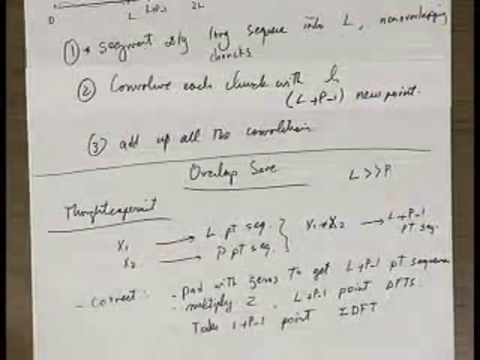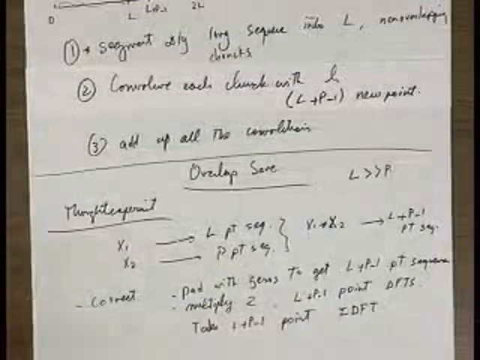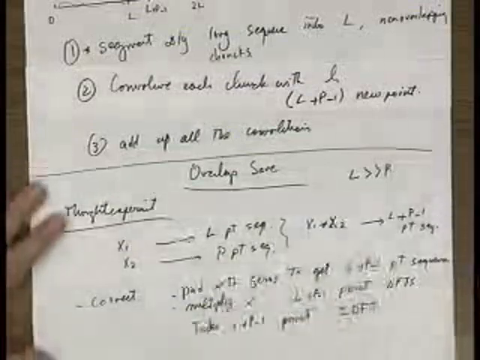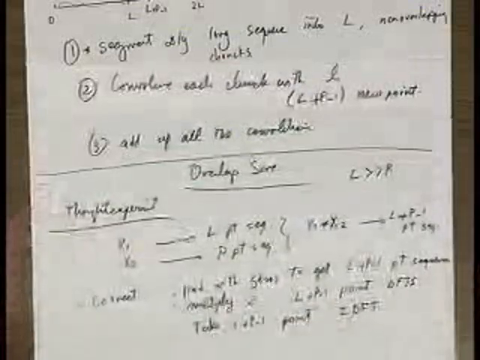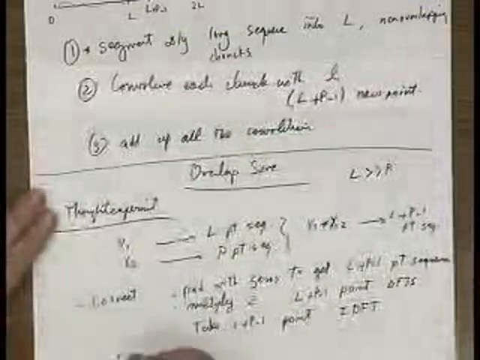So what I want to do in this thought experiment is to figure out how much error, and where an error is introduced, if I take an L point DFT instead of an L plus P minus 1 point DFT. So suppose that I take the L point DFT of x1 and x2 and then multiply those.